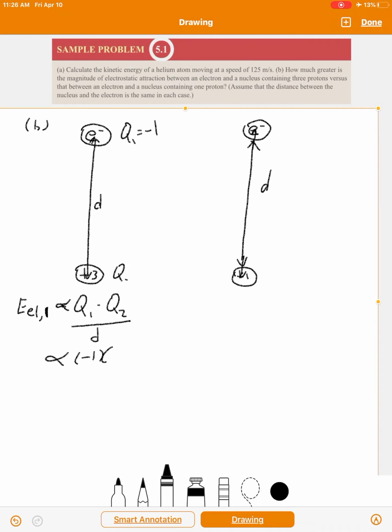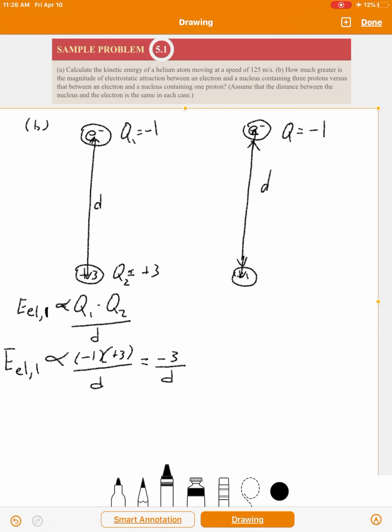The charge of the nucleus is Q2, +3, over D, right? So the electrostatic energy of case 1 is proportional to -3 over D. Now let's do the same thing for case 2.